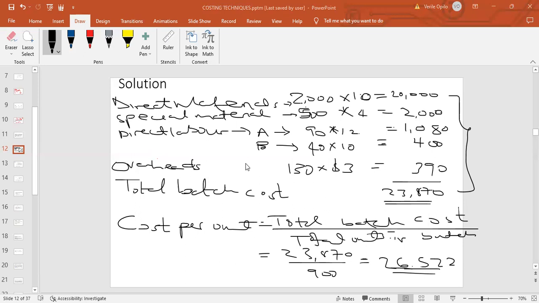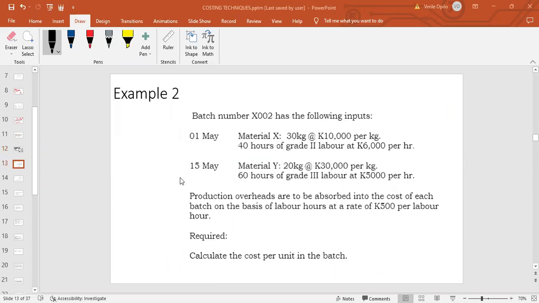You are able to get the total batch cost, and thereafter you get the cost per unit. So it is identical to the job costing method, only that now you're not producing just one unique item, but instead you're producing numerous items together. And then we are able to average the total cost to get the cost per unit.